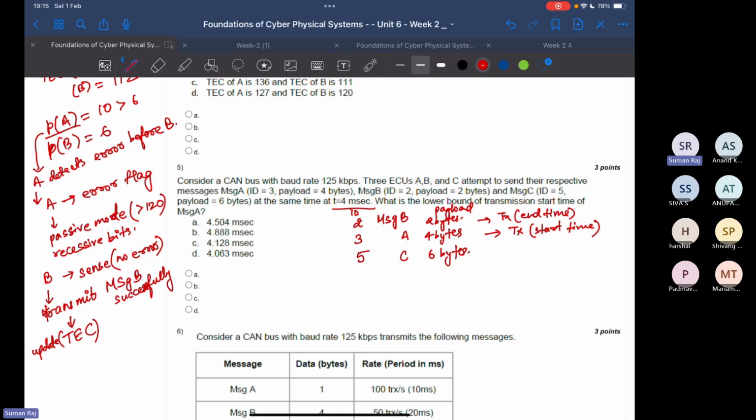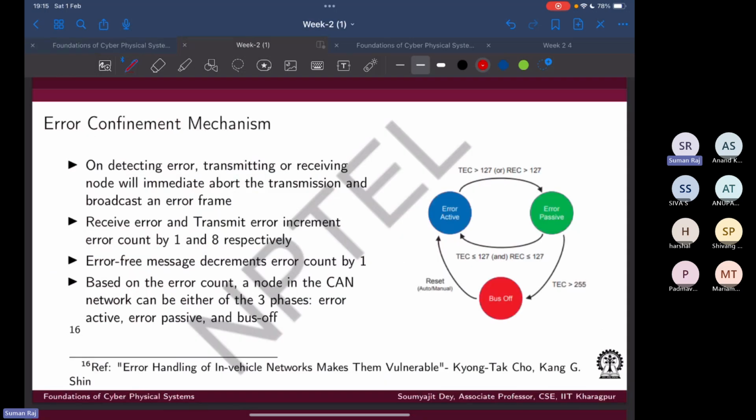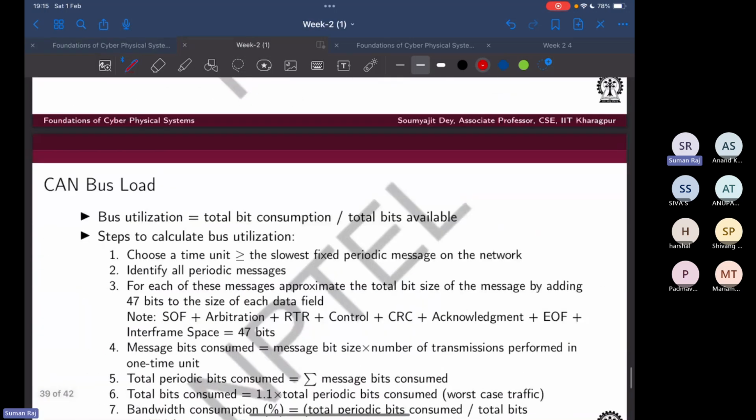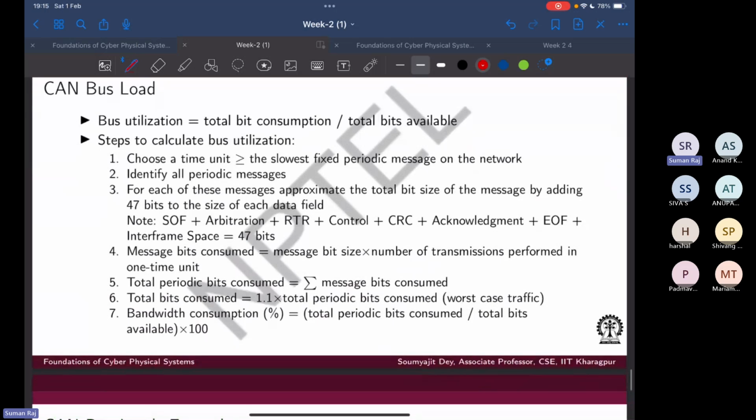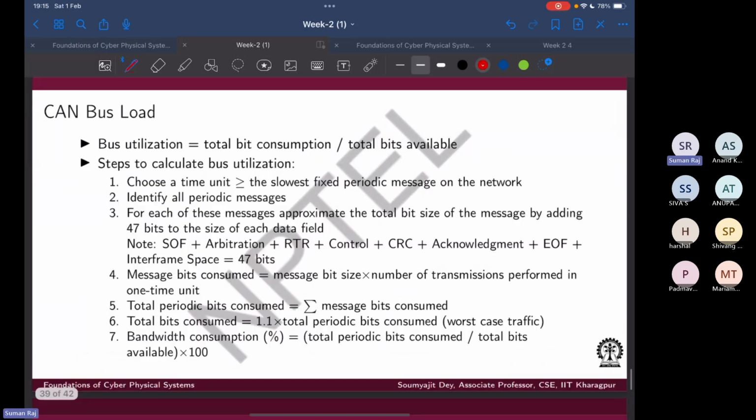In the lecture itself, the professor has explained using an example, but there he has used it in terms of bandwidth consumption. But you can just use this formula, and you should be able to get that.